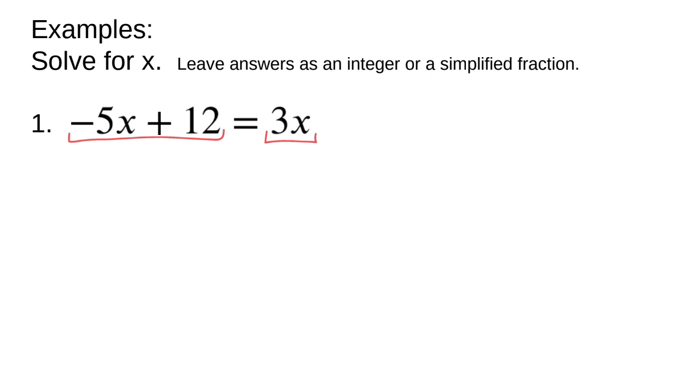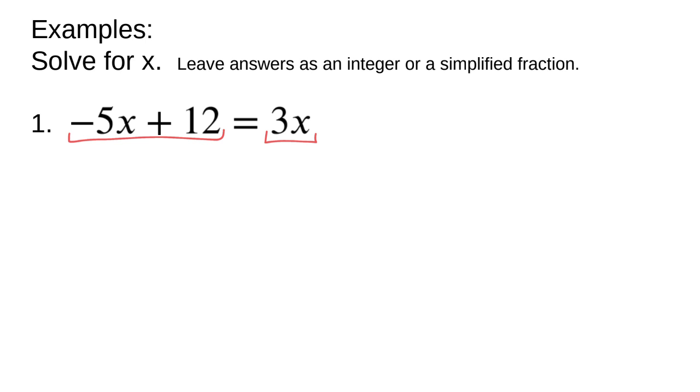So on this side, negative 5x plus 12, those are not like terms, so we cannot put them together. On the other side is just a 3x, so nothing we can do there either. That means for this equation, there's no simplifying or combining that we can do before we start moving things around.